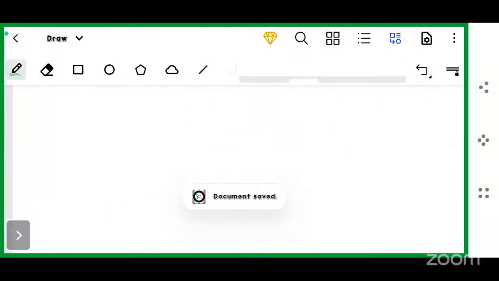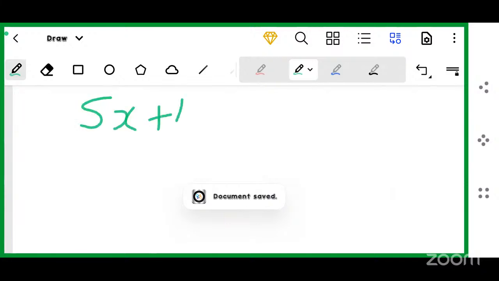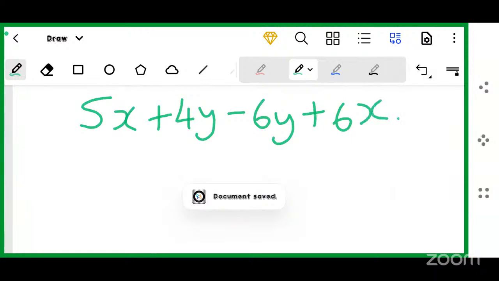So let's say you have 5x plus 4y minus 6y plus 6x. Do you see any like terms there? Yes, ma'am. Which one do you see? Ma'am, when you mean like terms, do they have to be next to each other or can they be opposite each other?